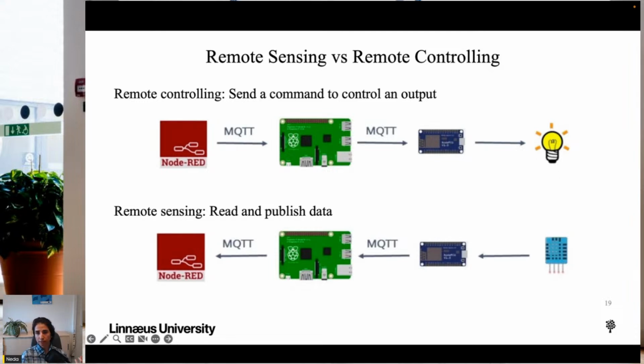Or you can send data from a sensor, in this case, and publish it to a client like Node-RED, as you can see in this photo. MQTT is useful because it is lightweight and uses minimum bandwidth.